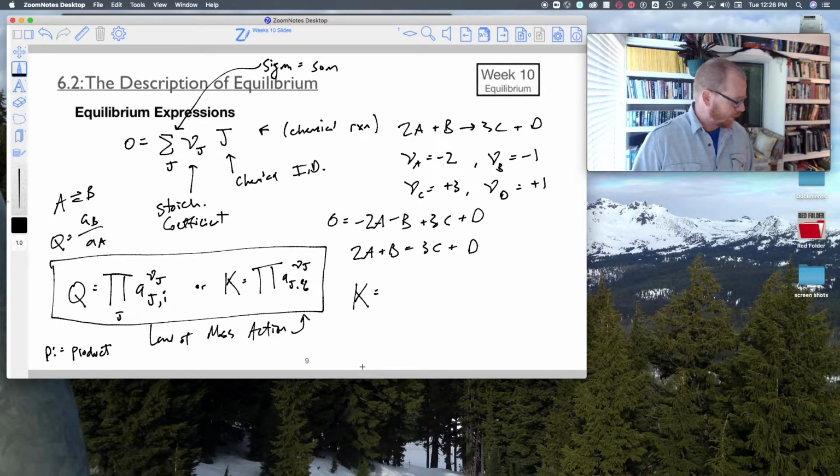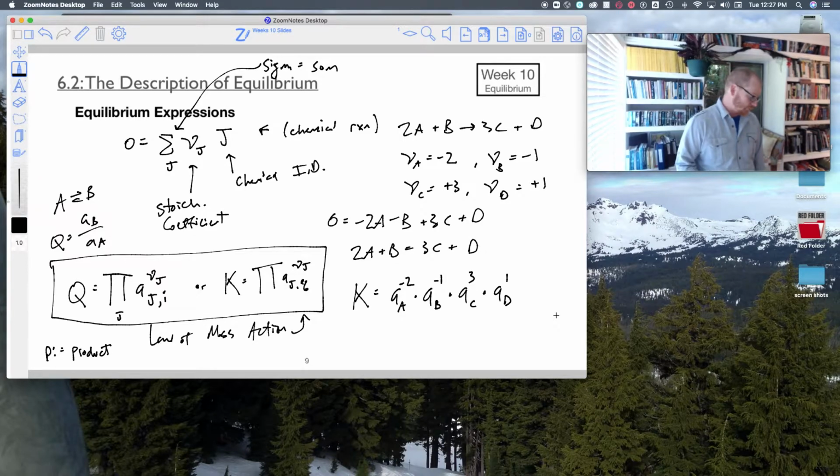And here's how this product works, and we'll use the same example up here. That's going to be the activity of species A raised to its stoichiometric coefficient, the -2 power. And now it's not a sum, rather it's a product. So times the activity of B raised to its stoichiometric coefficient, times the activity of C raised to its stoichiometric coefficient, which is just +3 now, times the activity of D, raised to the power of 1.